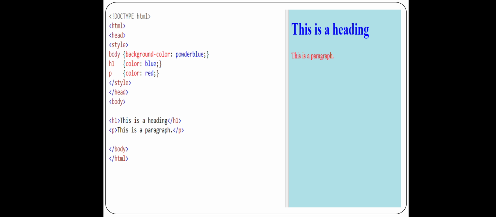On the new line, P color red, meaning this paragraph enclosed in P will have red text color, right? I hope it is clear. In this program we are using 3 total elements to style, and only a single property is used, agree?